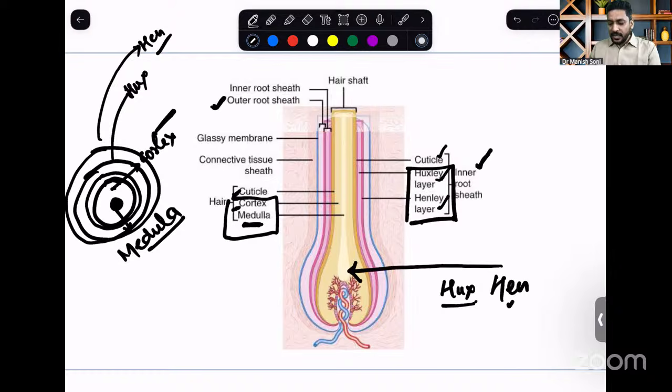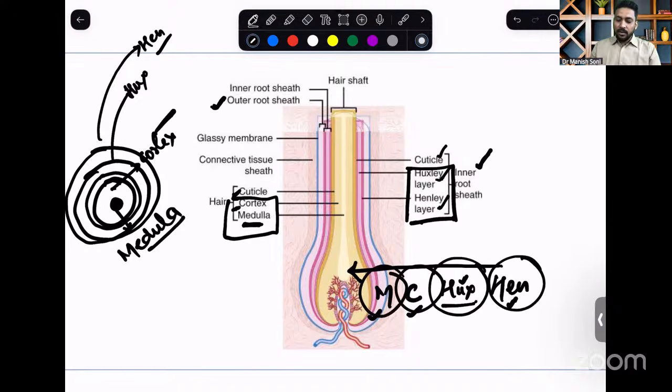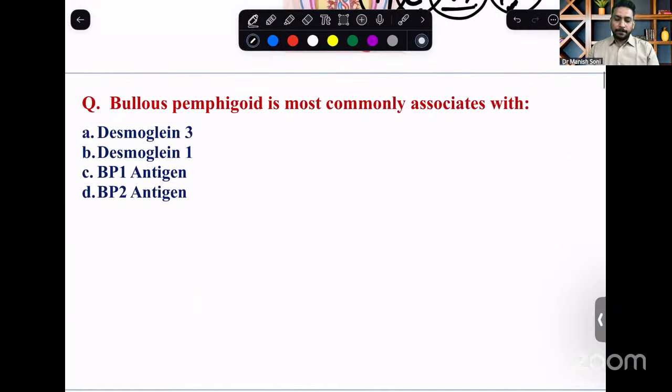Alphabetically E comes first and then U. Similarly, cortex and then medulla. C comes first and then M. So Henle, then Huxley, then cortex, and then medulla as we are moving from outside in the hair follicle. So if they ask you the sequence, you can very easily mark that as well.